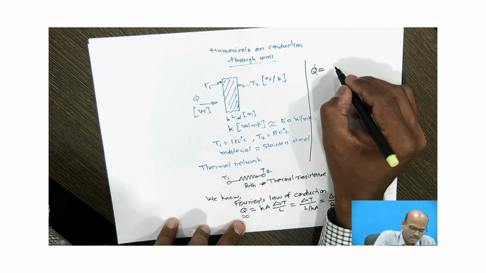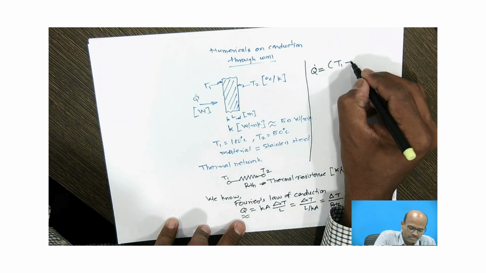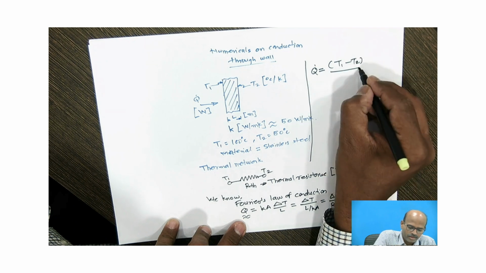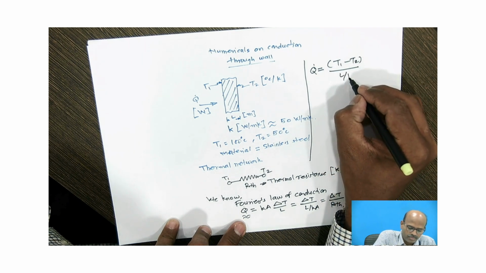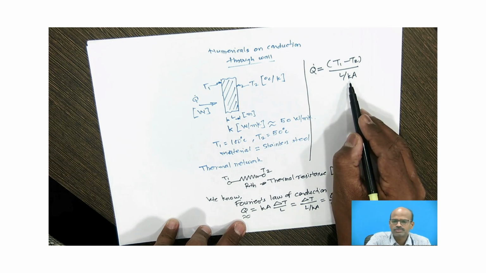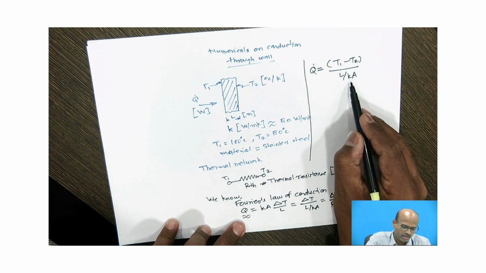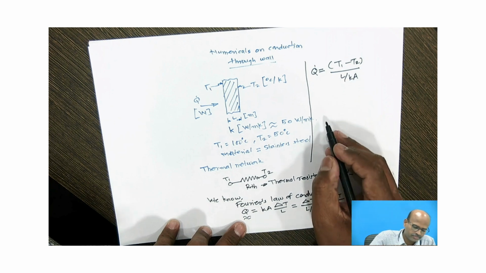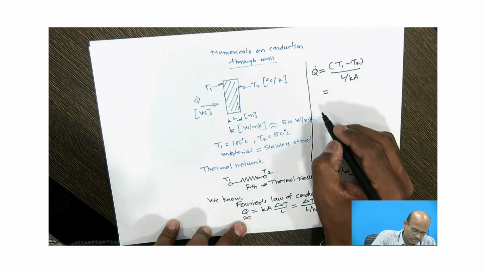So what is this delta T? Delta T is T1 minus T2 divided by L by kA. Remember, small k notation is used for thermal conductivity and capital K for temperature in Kelvin. Now substitute these values.